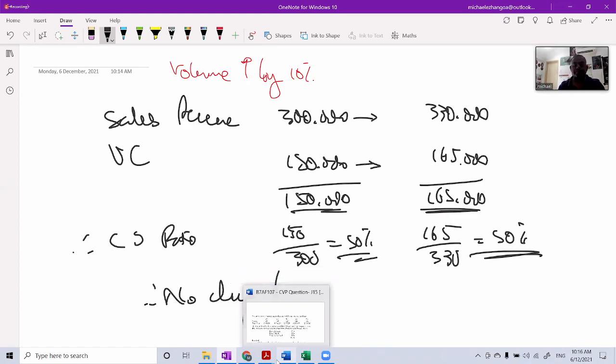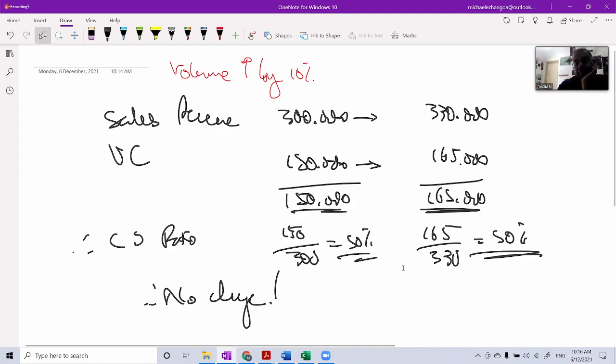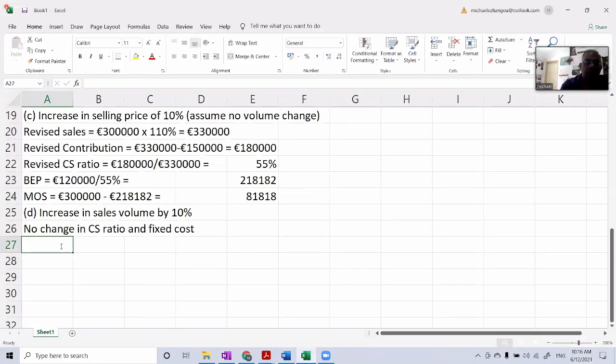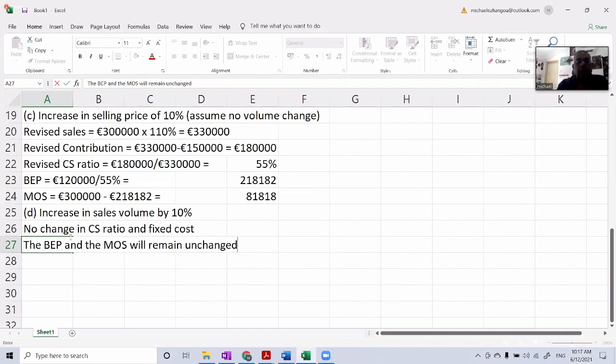Now, if there's no change in CS ratio, that means the break-even point and the margin of safety will remain unchanged.